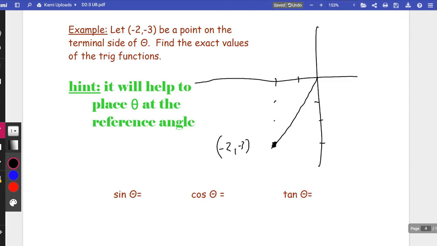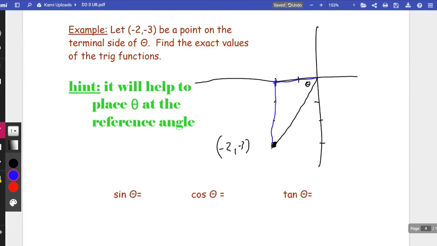So that means theta is going to be tucked in there. And that kind of also tells you what the side lengths are of our triangle. Another way to think about it is the other legs of the triangle that you're creating. They have to be the directions that you counted to plot the point. Like you went left, and then we went down. Always do the x first.